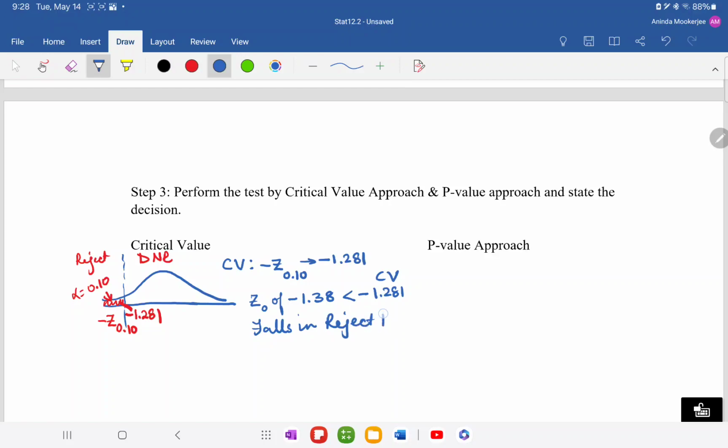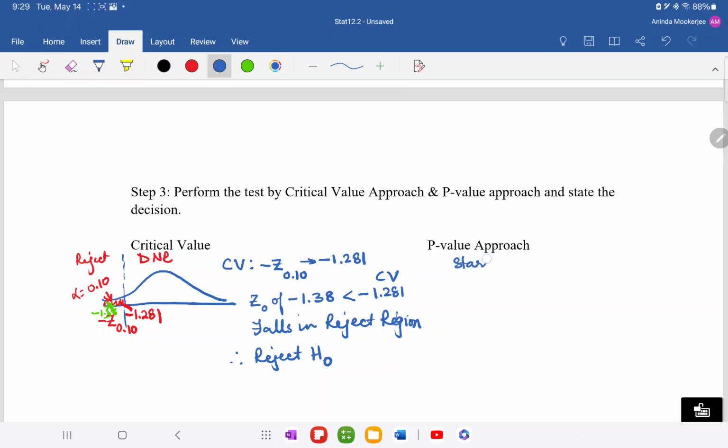It would fall to the left of negative 1.281, so show that it falls in the reject region by marking it on your diagram. Falls in reject region, therefore reject the null hypothesis.